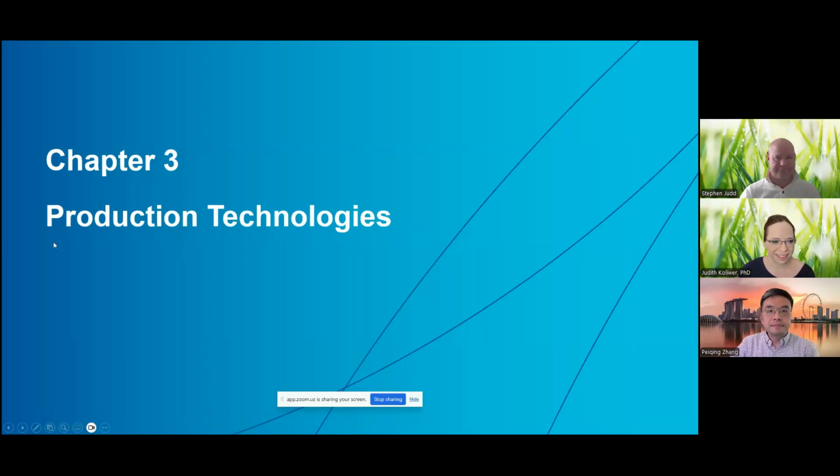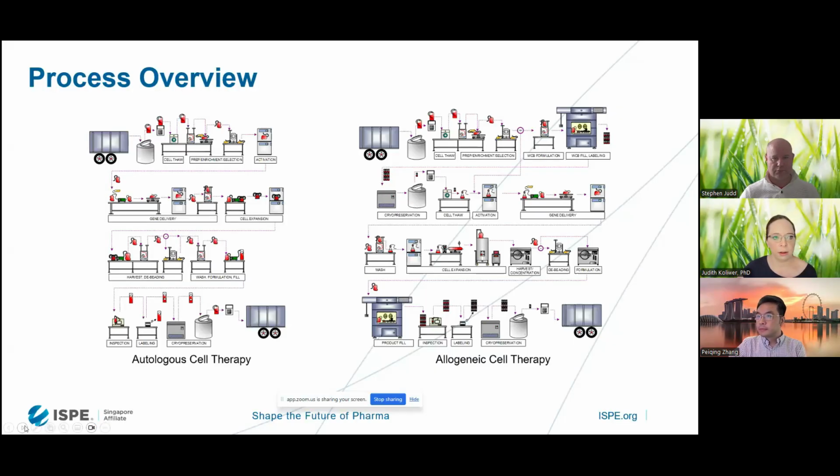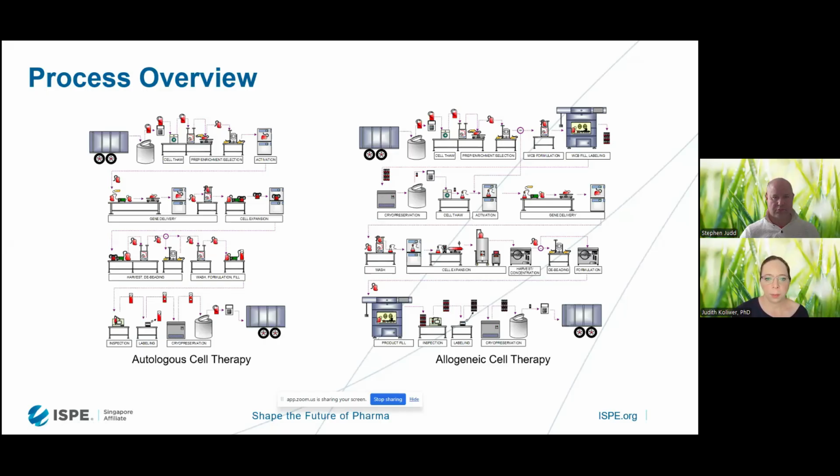Yes. Excellent. All right, so then, as Stephen already mentioned, in chapter 2, we really took this approach of how to do things, what are best practices, how to consider our equipment and process development as a whole. And in chapter 3, we went further into details of the actual production technology. So again, as Stephen already introduced, we have been focusing on both autologous and allogeneic.